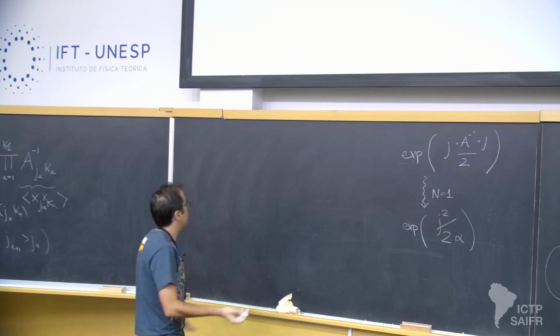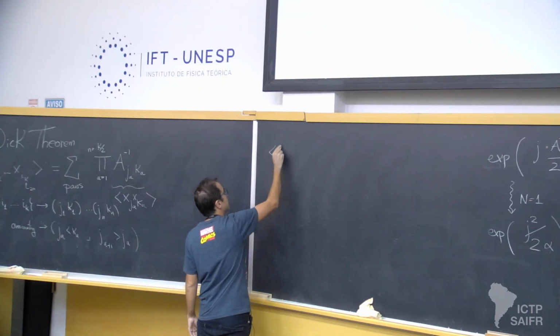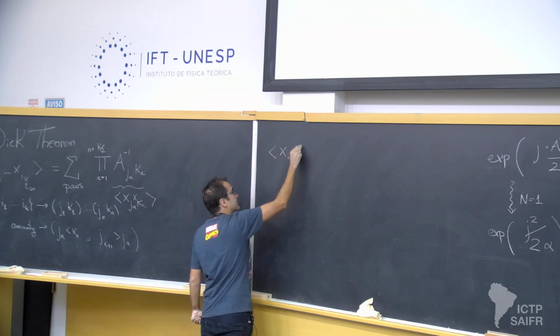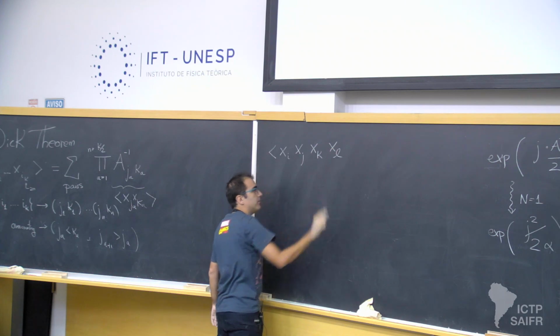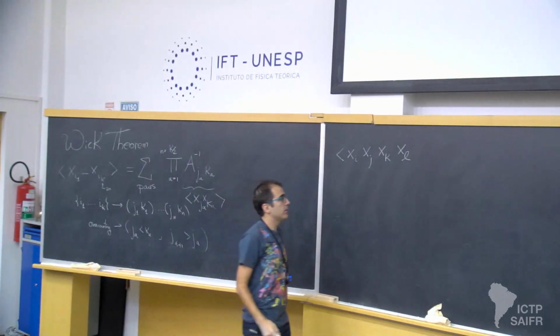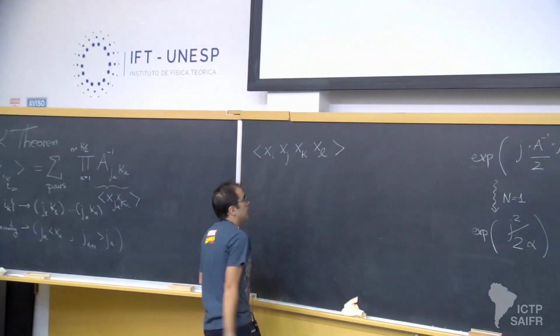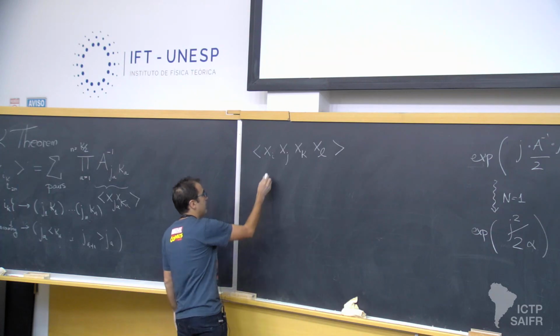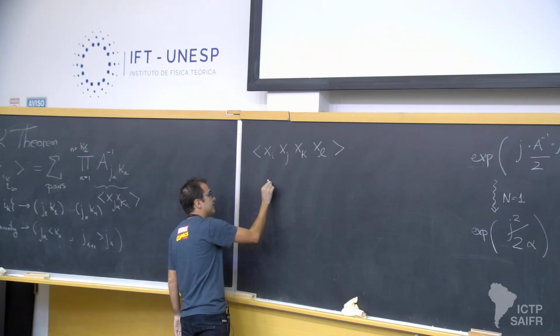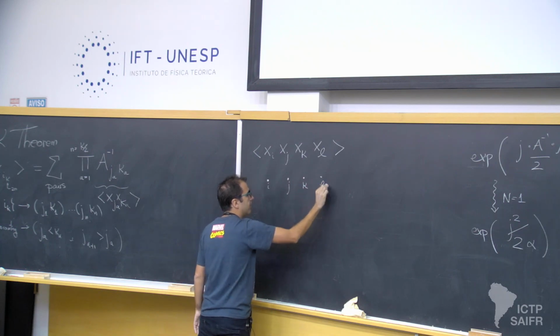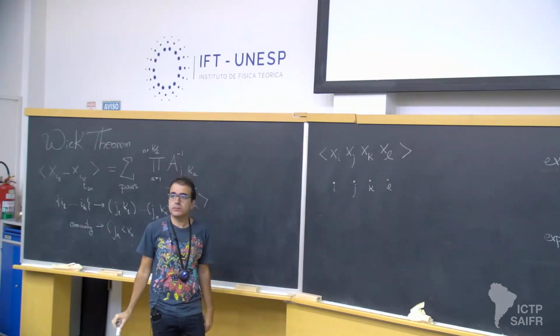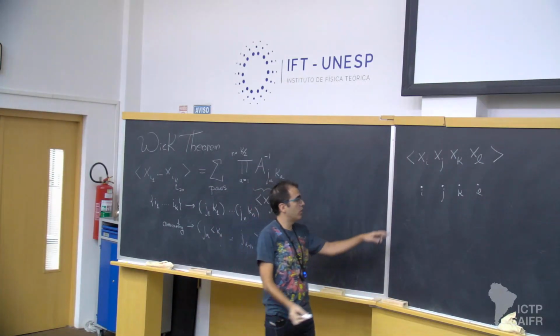So the next interesting case is the case where I have xi, xj, xk, xl. Okay? And now what's the claim? The claim is that I think of these as i, j, k, and l, and I form all possible pairs.